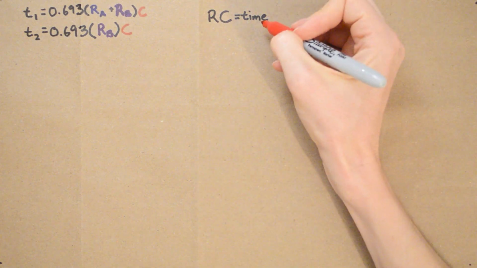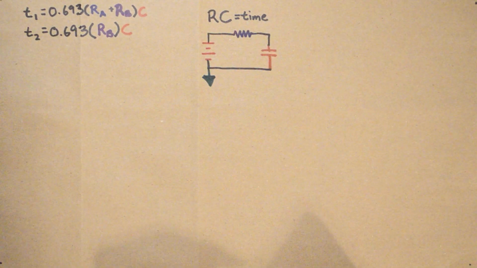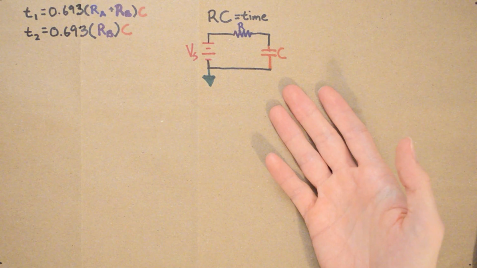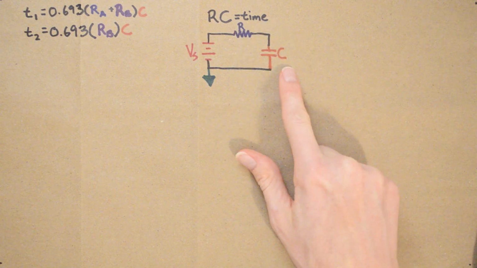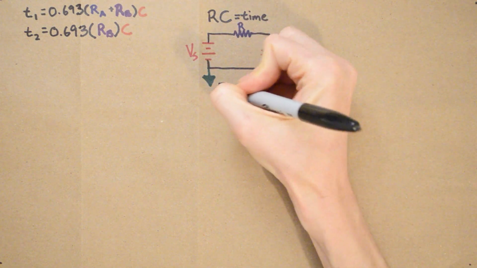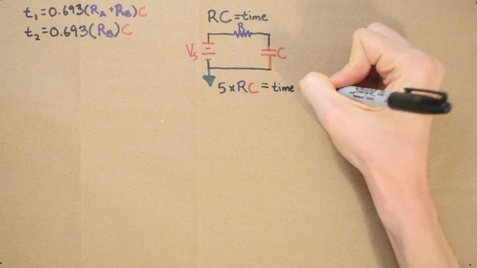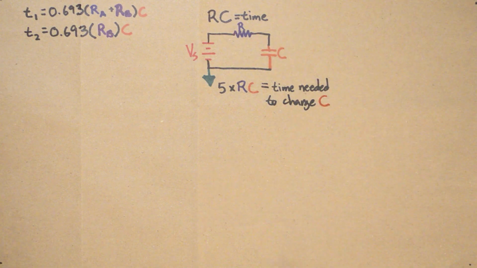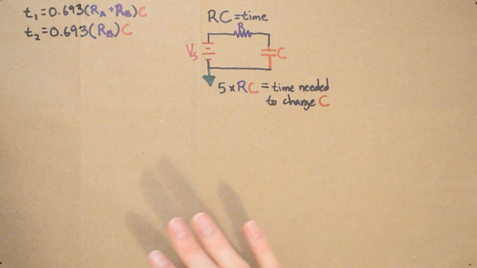What's interesting is that when you have a circuit that looks like this, the value you get from multiplying R times C is 1/5 of the time it takes to charge the capacitor. In other words, 5 times RC gives you the time needed to charge C. One thing to remember is that a capacitor is never completely charged, but we say it reaches a steady state, meaning it is charged as much as it's going to charge.